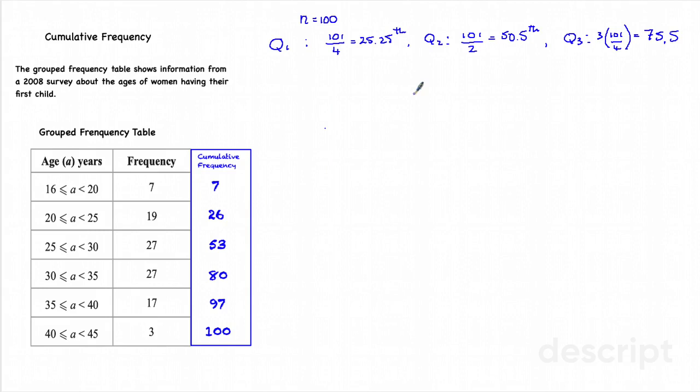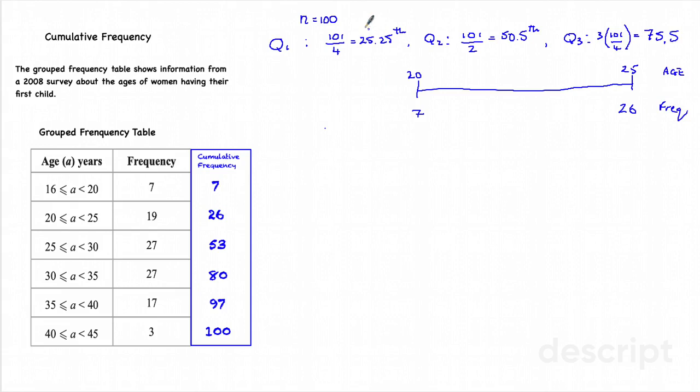I'm also going to draw a diagram to help me follow what's going on. So I have from 20 to 25. That's my age. I also have from 7 to 26. That's my frequency. In fact, it's my cumulative frequency.